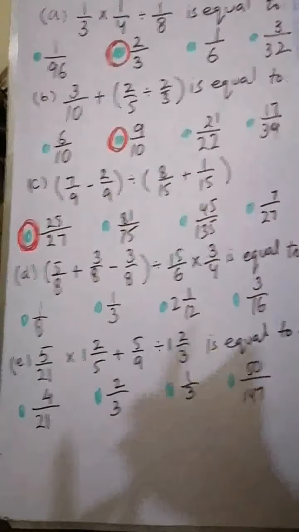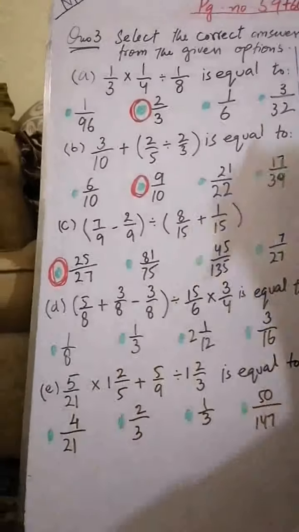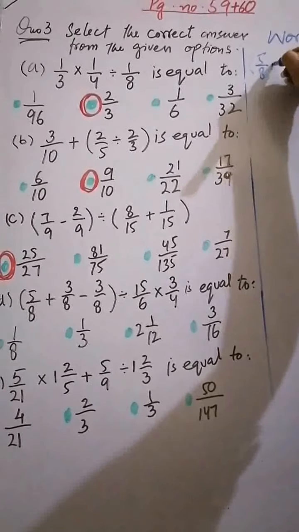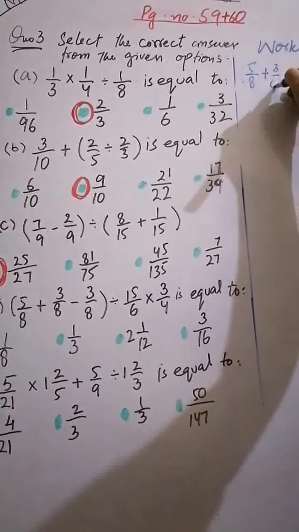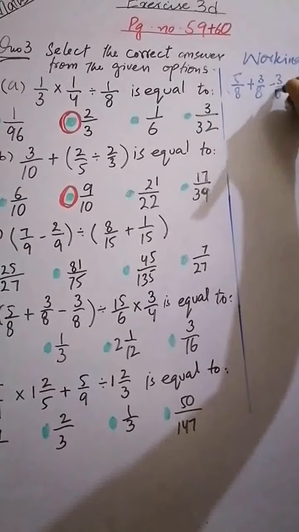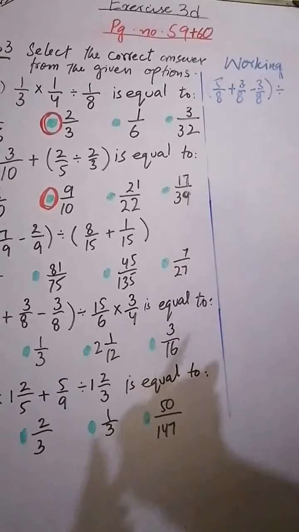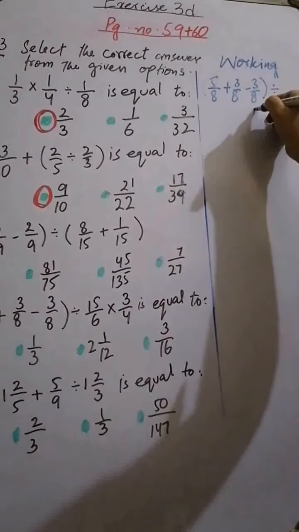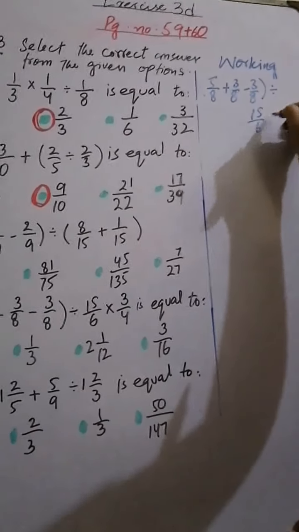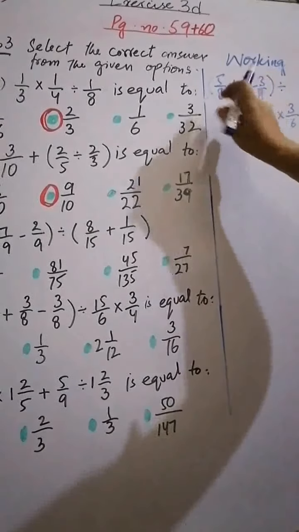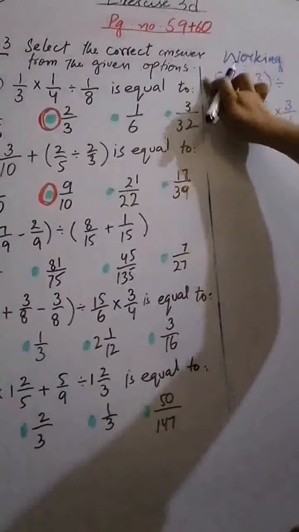Okay. Now part D, it's bracket. It's 5 by 8 plus 3 by 8 minus 3 by 8. Bracket, then divided by, I have no space, so it's 15 by 6 multiply 3 by 4. Okay. In bracket, there are two signs.